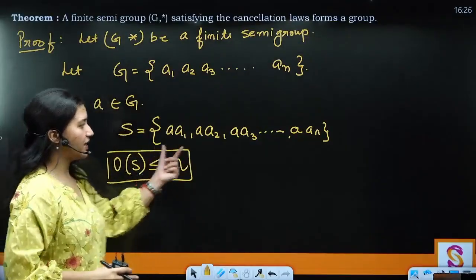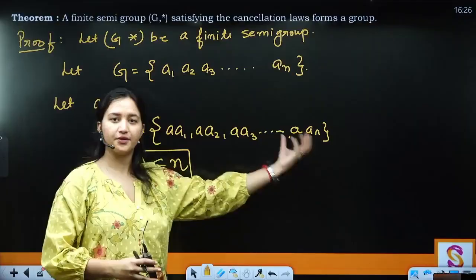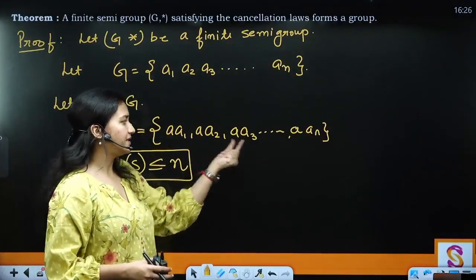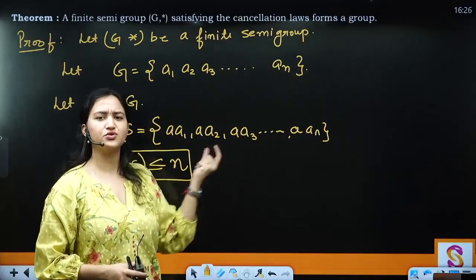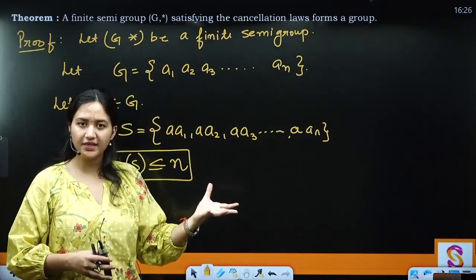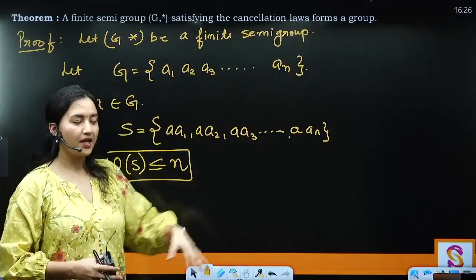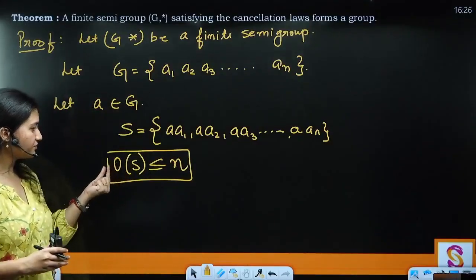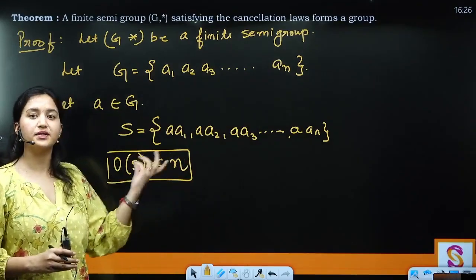Either it is going to have a maximum of n elements, or it is going to have fewer than n. Why? Because it might happen that any 2 or 3 of these elements might not be unique, they might be similar. Now, how to know conclusively what the order of S is going to be?